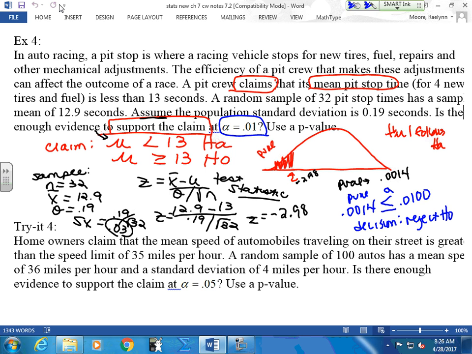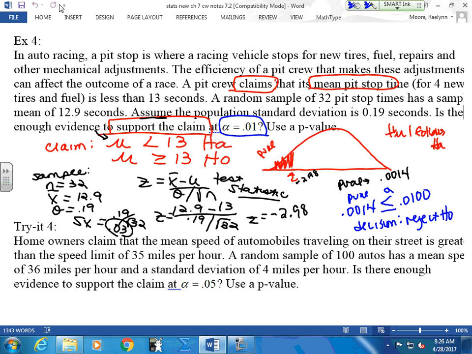This was my H0, that it was greater than or equal to 13. I rejected this. So am I agreeing with what the pit crew says? Yes, I'm agreeing with him. I'm rejecting this piece right here. We set it up so that we're going to support his claim. We agree with him. So now, when we come to here, we reject H0.